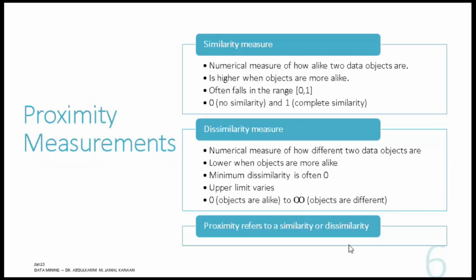Minimum dissimilarity is often 0. Upper limits vary, right? So here between 0 and 1, but here it can vary. If you calculated the dissimilarity, a value of 0 means objects are completely alike, so you can say they are alike, or you can say there's zero dissimilarity between them.